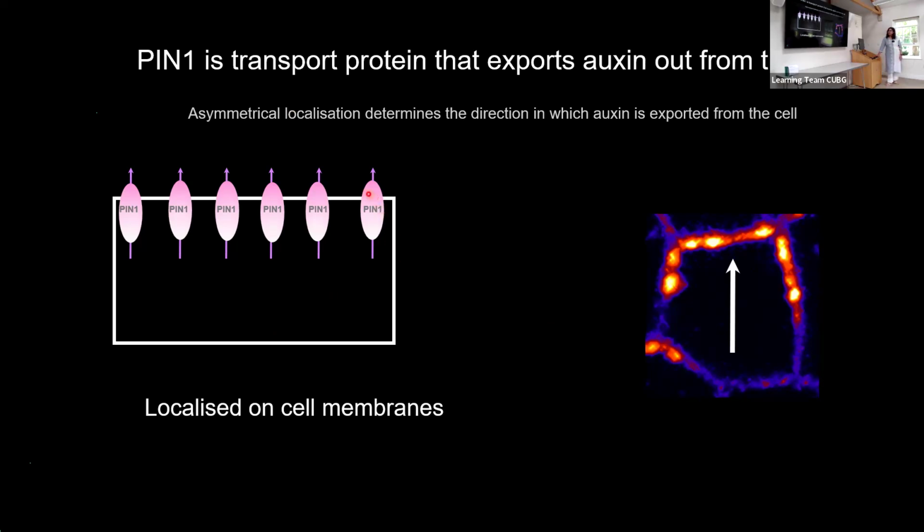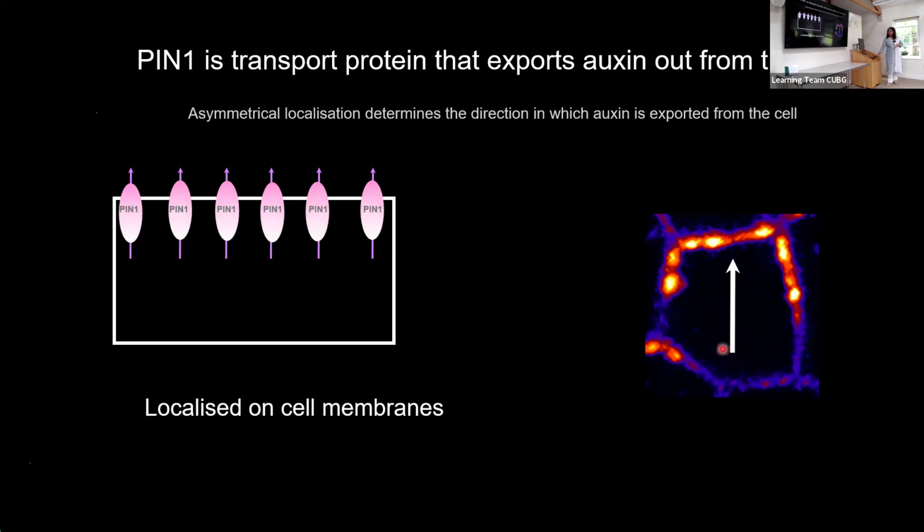And the direction of its localization, or the sidedness of its localization, determines the direction in which auxin is being pumped or exported out of the cell. So you see that this is one single cell here, and the orange signal is localized halfway through the cell. You don't see it all around the cell, but only halfway through the cell in the form of this arc.